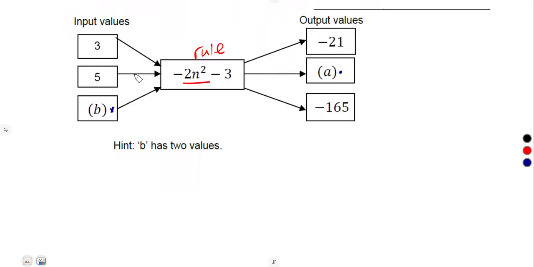Anyways, let us consider if we input 5, the output is a. So if we put 5 in place of n, minus 2 times 5 to the exponent of 2 minus 3, the answer is our output, which is a. Just like the previous question, we can just use our calculator.